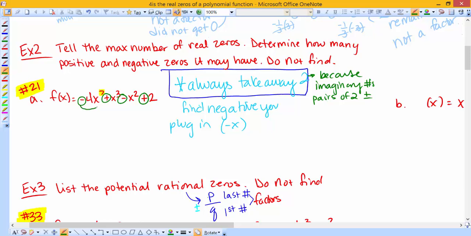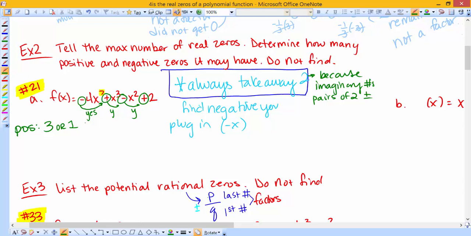To go from a negative to a positive, that is a sign change. To go from positive to a negative, that is a sign change. So for the possible positives, I had 3 yeses. So there could be 3 positive solutions, but there could also be only 1 possible solution.